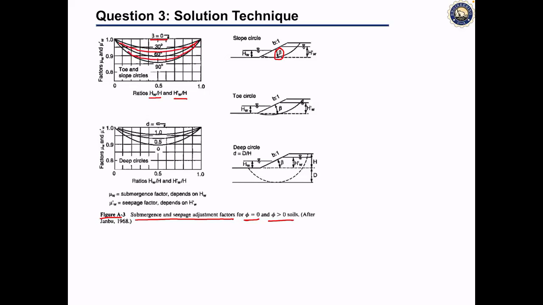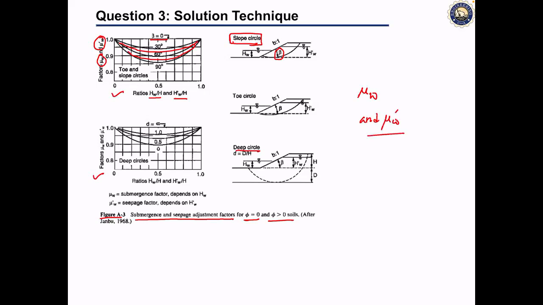Then we can find the factors mu W and mu W prime using the particular circle. For our case, if we have a slope circle, then use this; if it is a deep circle, then use this. From here, we will find mu W and mu W prime.